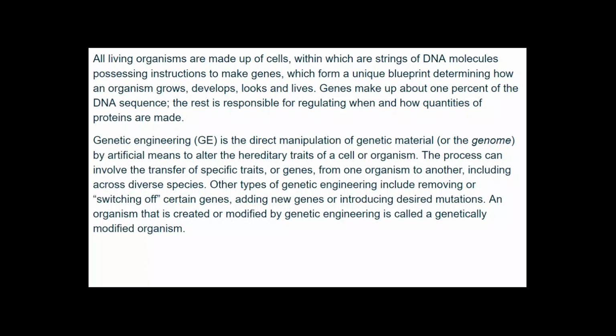We mentioned this before. You can get a gene from, say, a glowworm and put it into a goldfish, and that's what you call transgenetic transfer. Other types of genetic engineering involve removing or switching off genes, adding new genes, or introducing desired mutations. An organism that is created by genetic engineering is called a genetically modified organism.